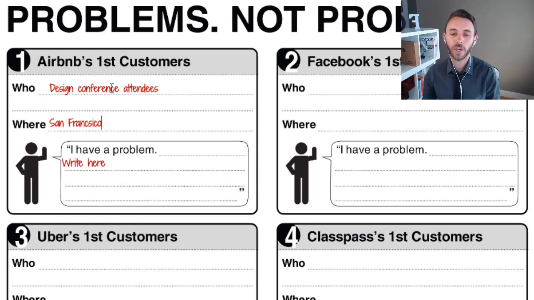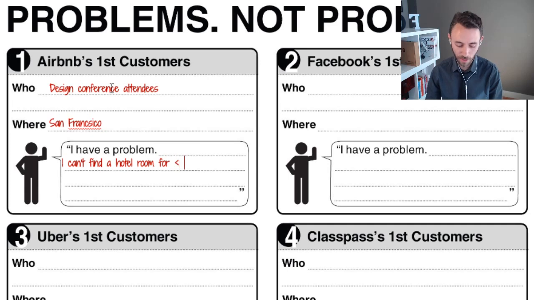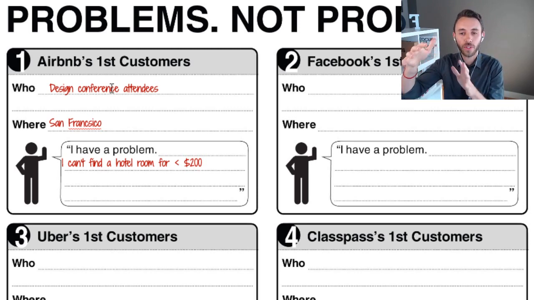And then your students are going to analyze, well, what was the problem that they solved in the words of their own customer? So the problem they solved was, I have a problem. I can't find a hotel room for less than $200. There we go.